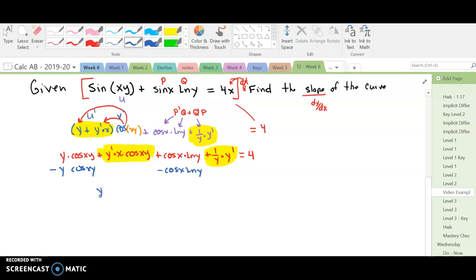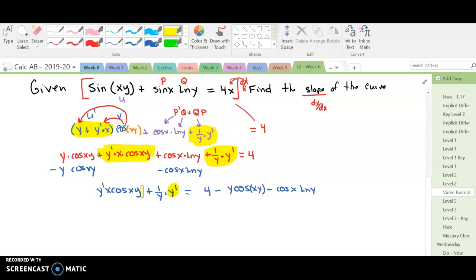And I'll get y prime x cosine of xy plus 1 over y times y prime equals 4 minus y cosine of xy minus cosine of x ln of y.